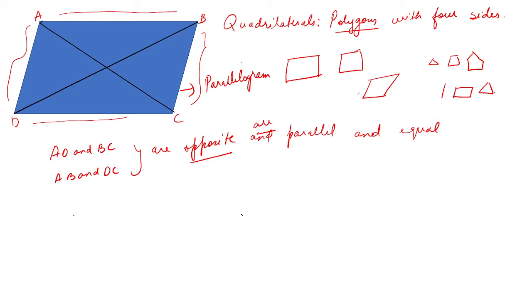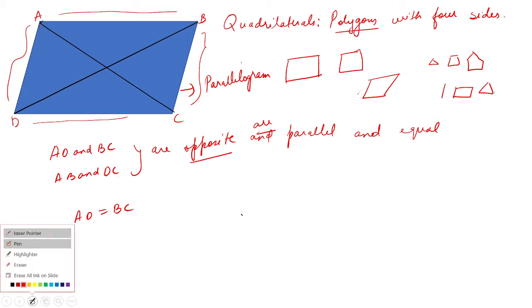Clear? That means AD must be equal to BC. Look at this figure. AD is equal to BC. Let me use a highlighter for this, maybe. This line AD is equal to BC because they are parallel to each other. Clear? And then AB and DC, these are equal.